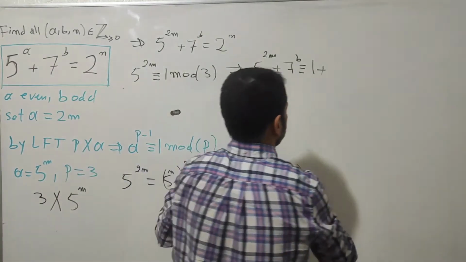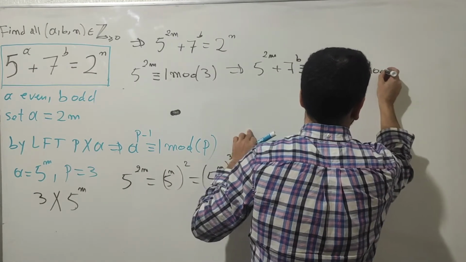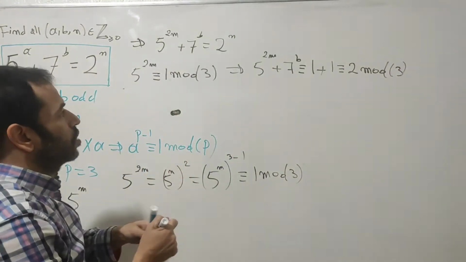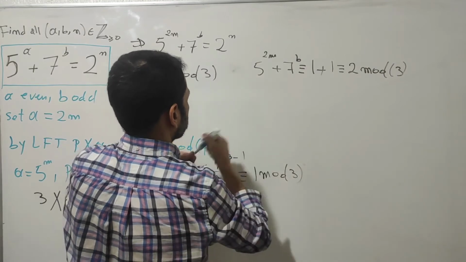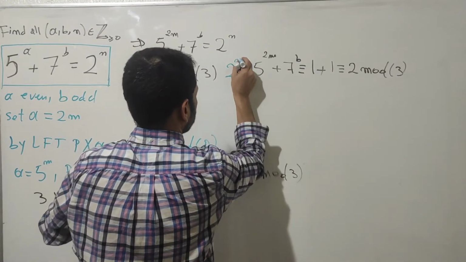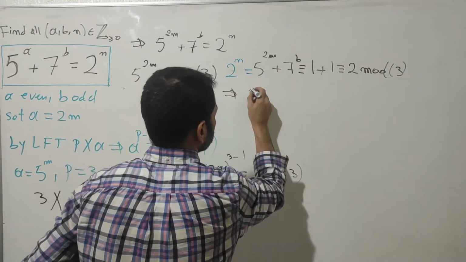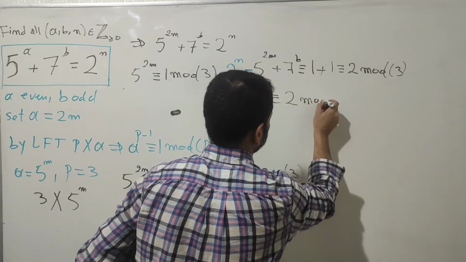So the sum is congruent to 2 mod 3. But remember, these two terms equal 2 to the 2n. This is telling us 2 to the 2n is congruent to 2 mod 3.